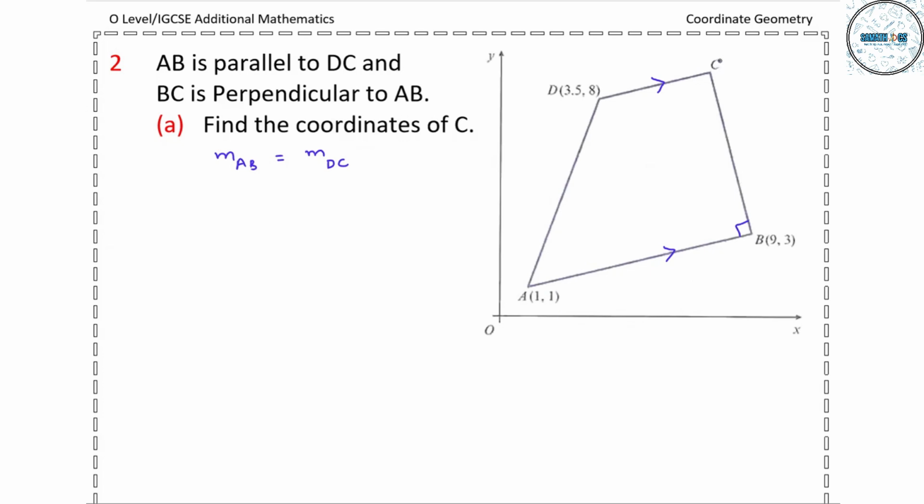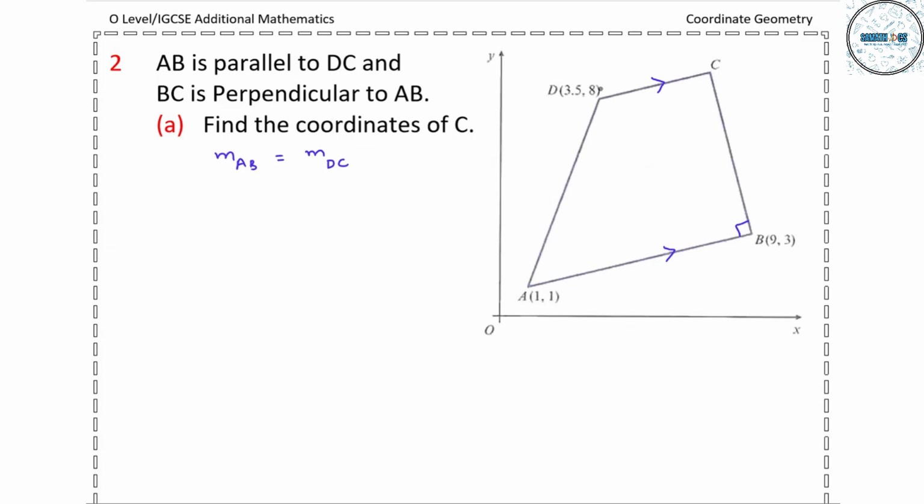Now, if we have to find the coordinates of C, we can see here it is the intersection point of the line CD and BC. So if we take out the equation of DC and the equation of BC and solve those two equations simultaneously, we will get the coordinates of C. We have the gradient of this line DC.